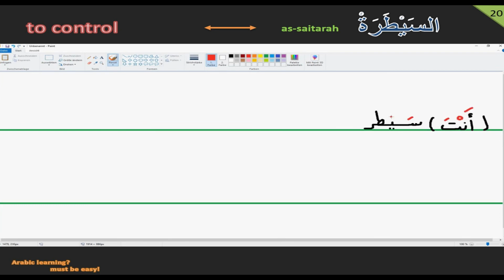أنت سيطر. سيطر. Direct, سيطر. أنت سيطري.